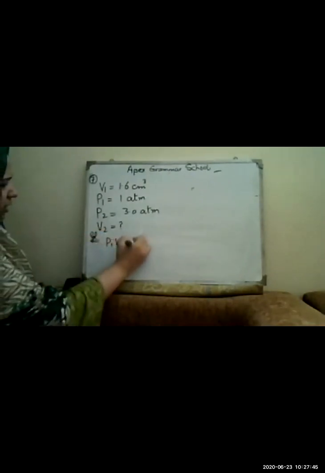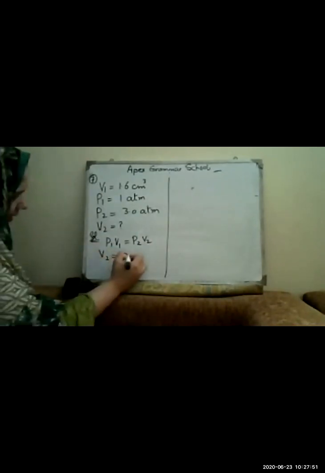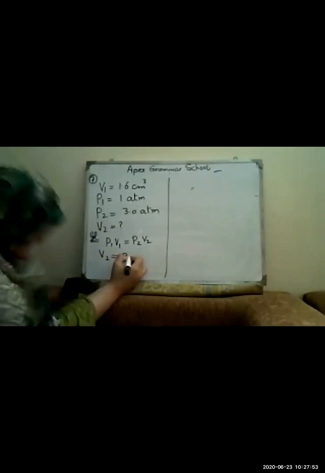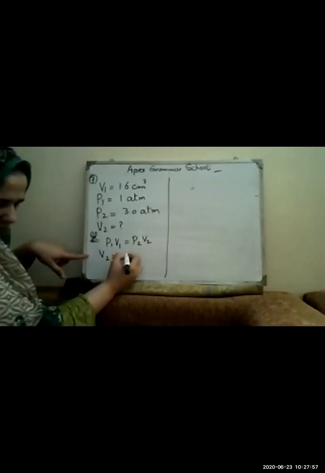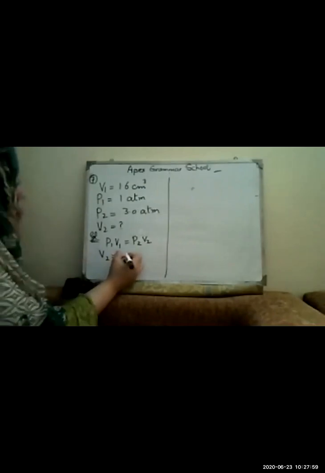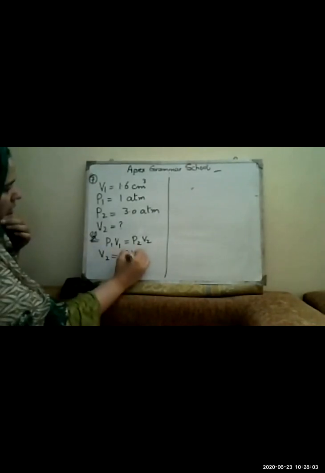So you will write down P1 V1 is equal to P2 V2, and you have to find the formula of V2. You will simply put the values by rearranging the formula. The values will be 1 multiplied by 1.6 divided by 3.